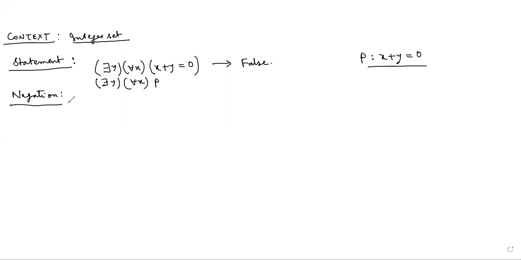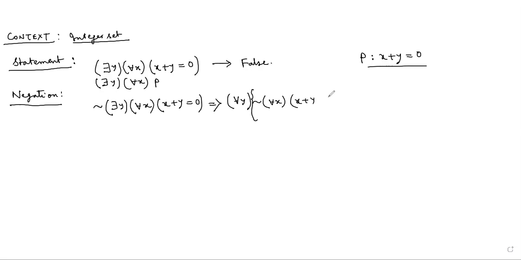If I want to study the negation, then I must write the negation of: there exists y for all x, x plus y is equal to 0. By the rule, there exists y becomes for all y, and negation is carried forward, so we write for all y, negation of for all x, x plus y is equal to 0.